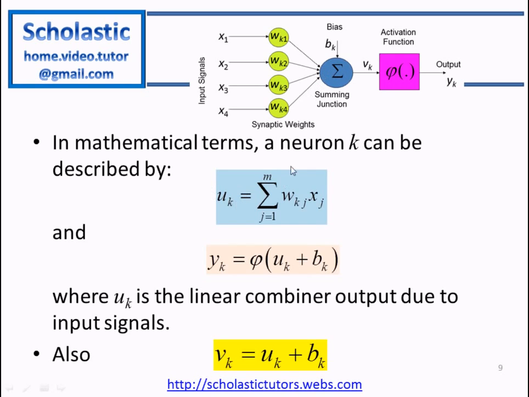Please note it is uk, not vk yet, because there is something called a bias. When we include the bias, uk plus the bias bk is vk, and then vk is the input to this activation function phi. So once you input vk, you get yk as the output of this function.